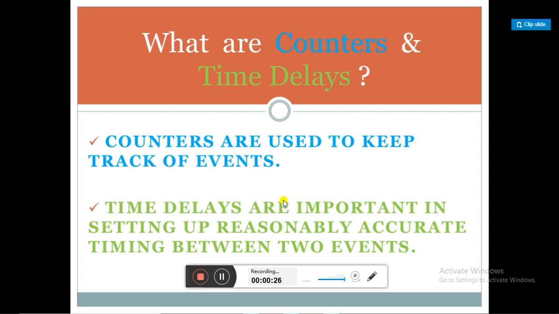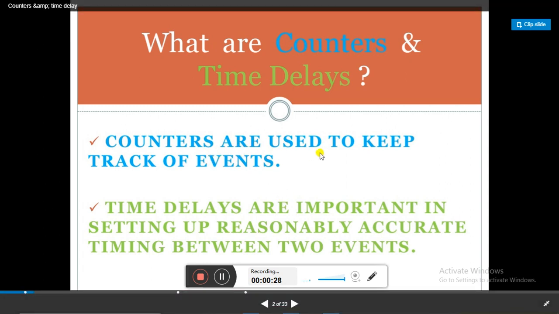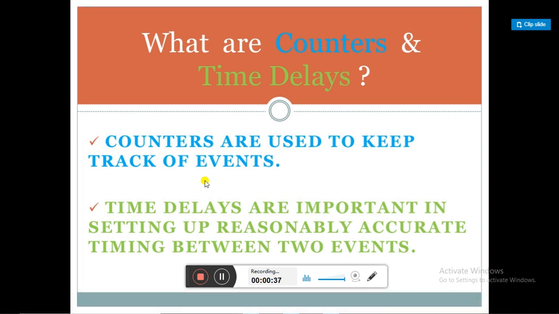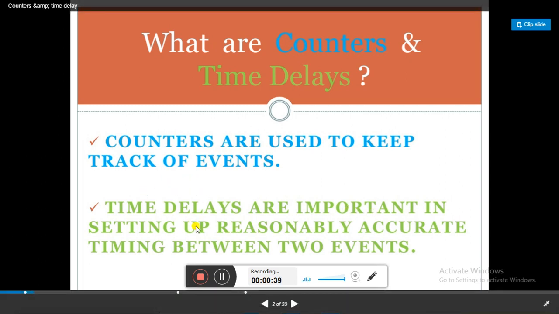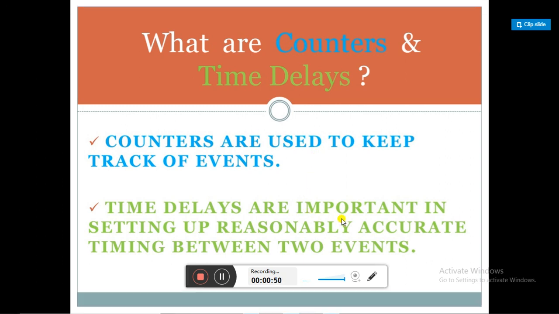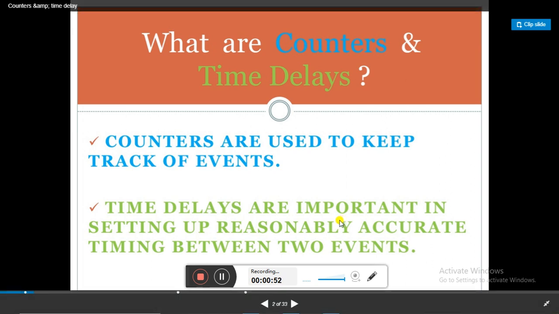Counters are used to keep track of the events that are happening in the program. Time delays are the most important in setting up reasonably accurate timing between two events. So the events are happening, and the time delays are used to maintain the time between two events.